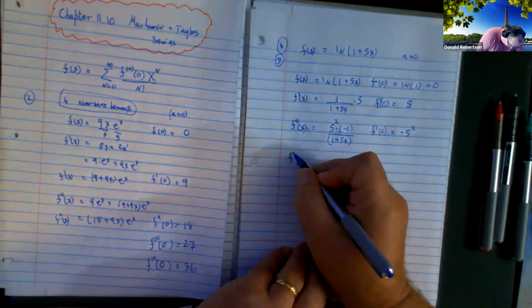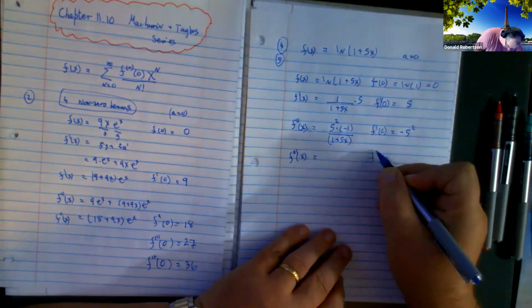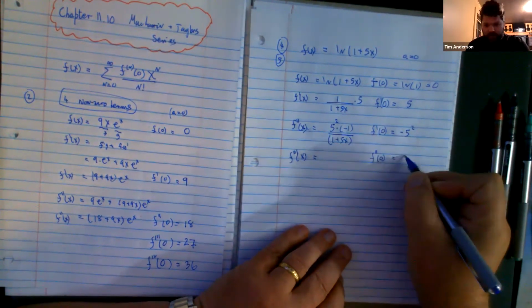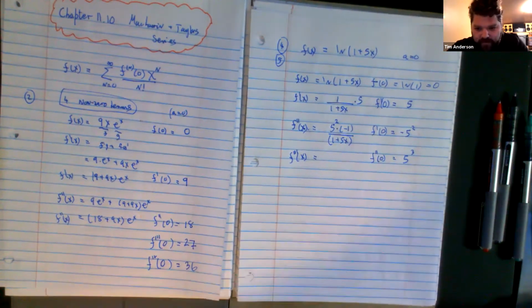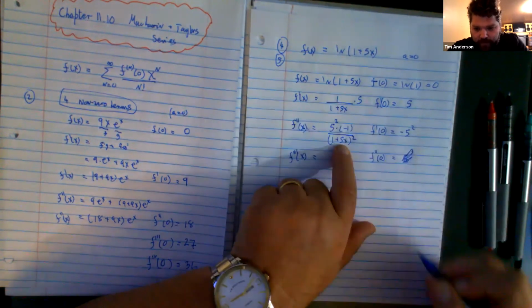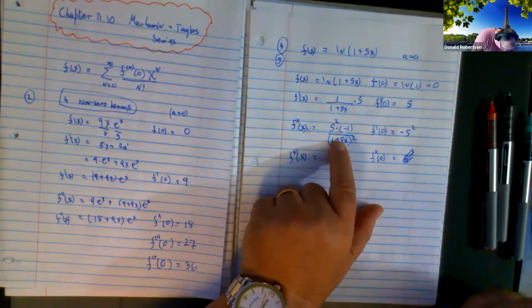If you do the third derivative, and I'm going to tell you what the answer eventually would be if you evaluated at 0, you would get positive. Say again? Wouldn't the one that's negative 5 squared, wouldn't that be f double prime? This one here? Yes. Okay.